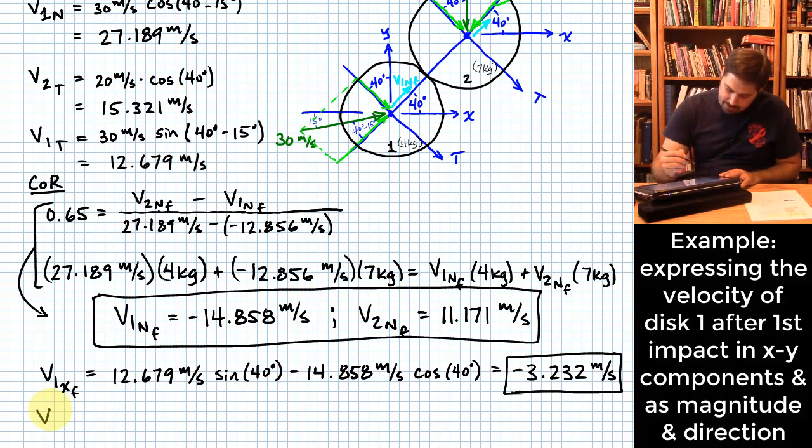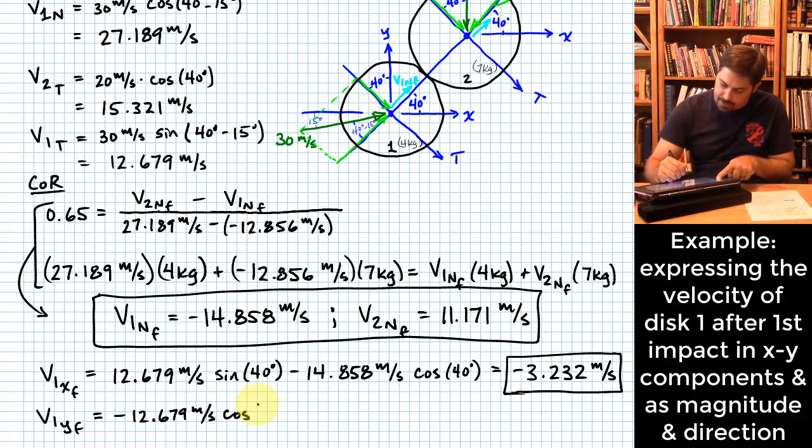Okay, what about my velocity component in the y direction at the end of this impact that happens? For that, I first see that again my tangential component doesn't change, and so it has this negative y component. So I have a negative 12.679 meters per second.